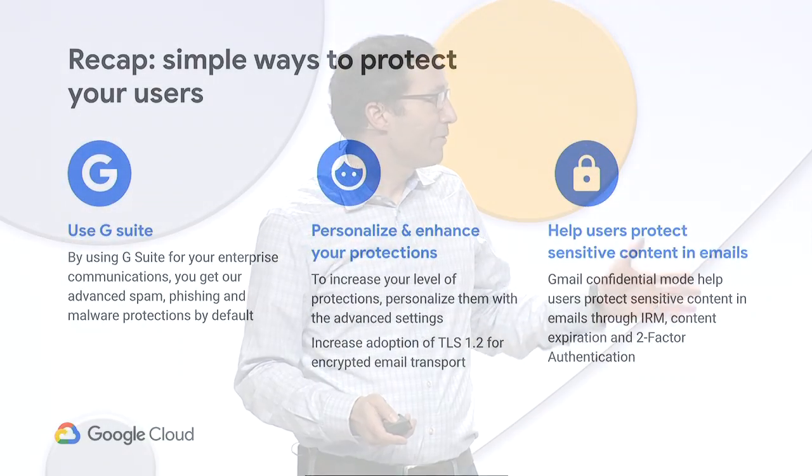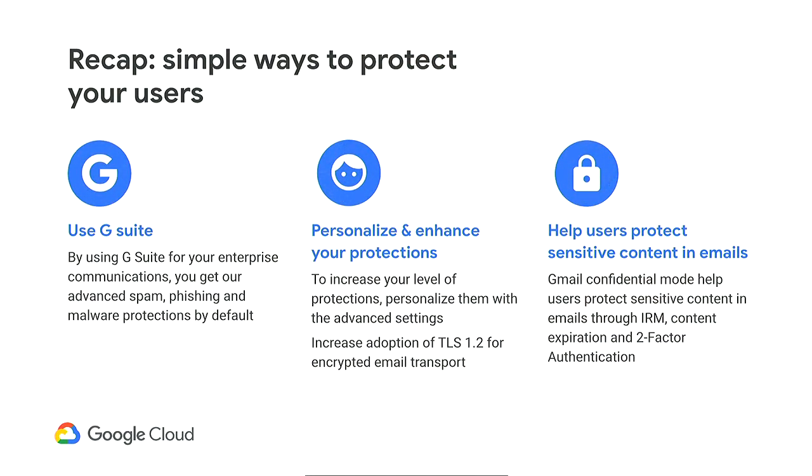So to summarize what we covered today, because we covered quite a lot, I hope we managed to convince you that G Suite has as a top priority to make communication using email as secure as possible. That's a top priority for us, and what we want is that users are safe by default.